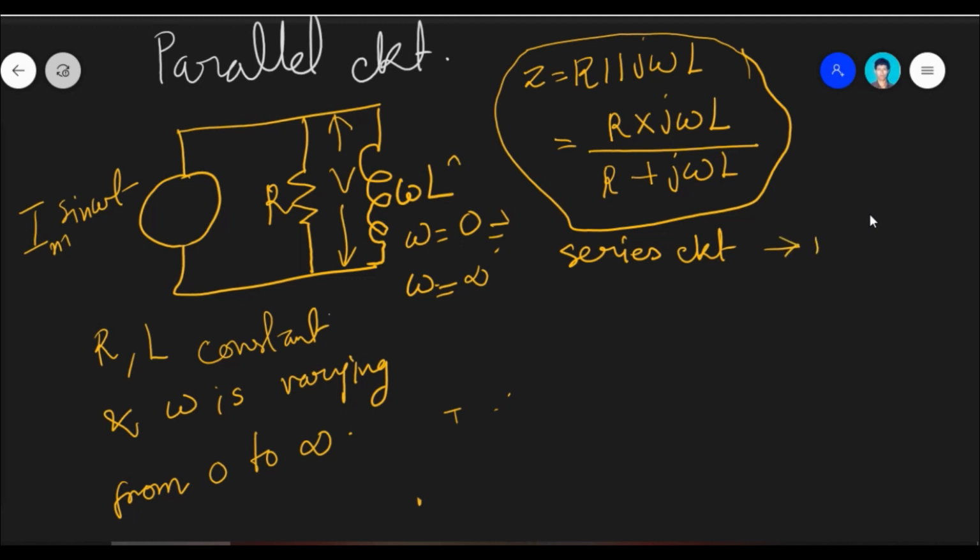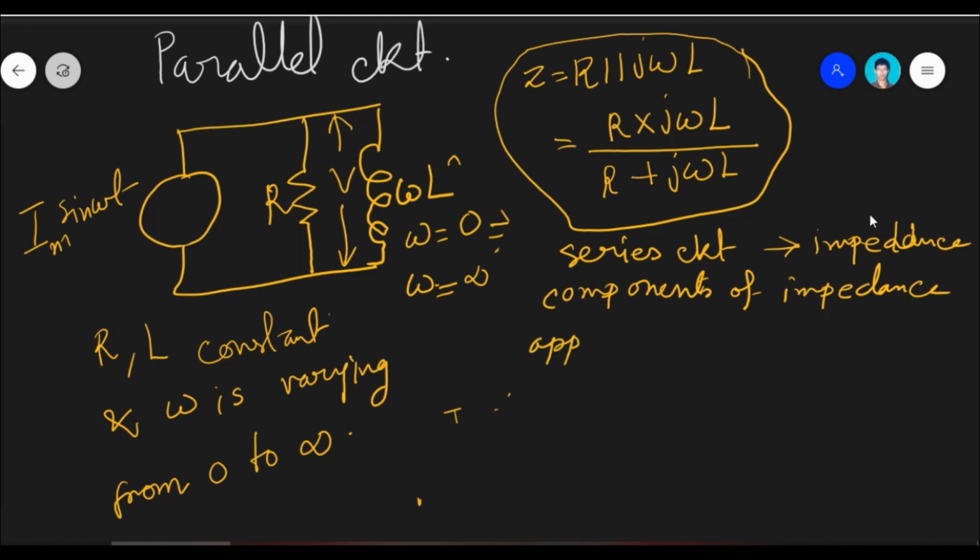In case of series circuits, we should take help of impedance. Why? In a series circuit, the components of impedance combine as simple addition.